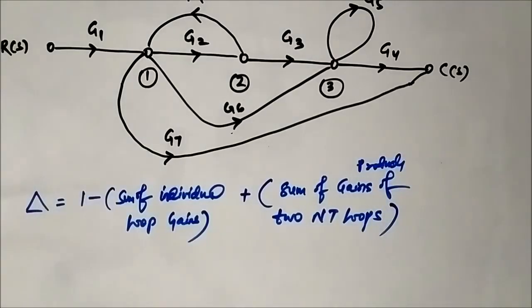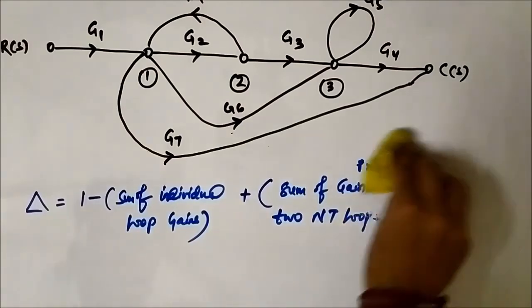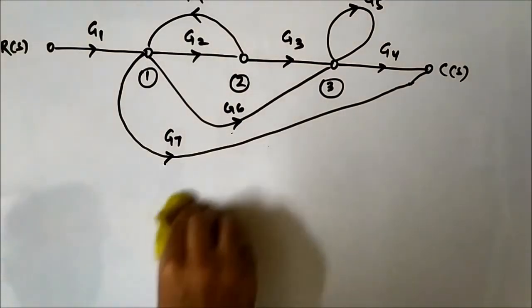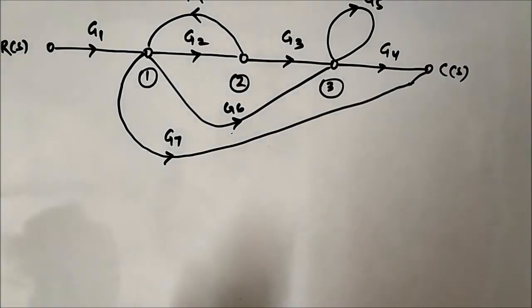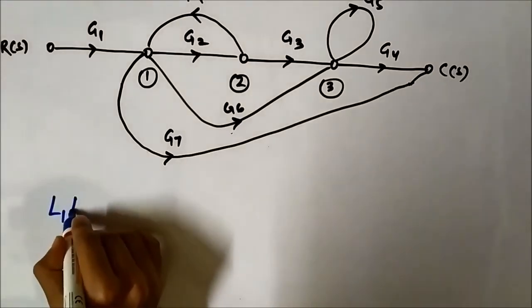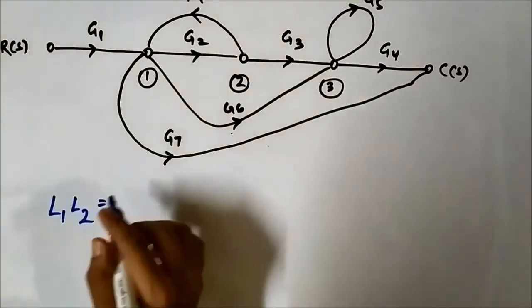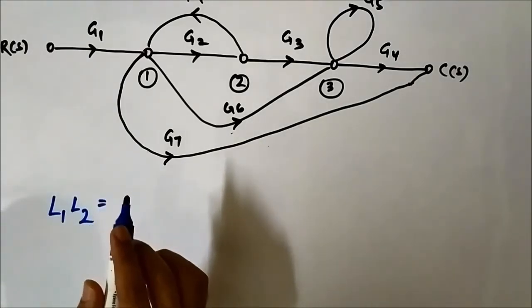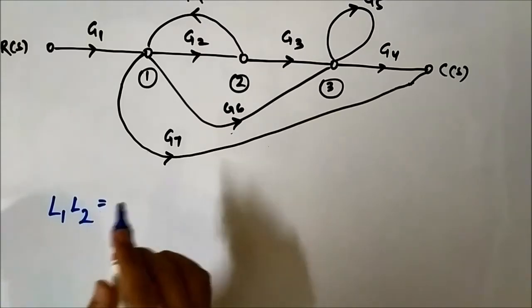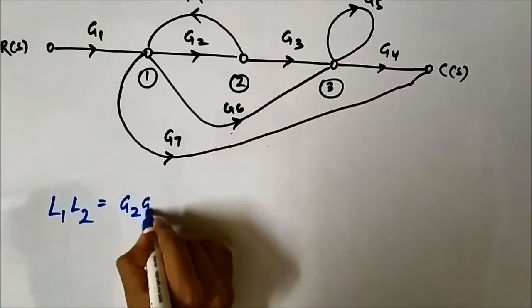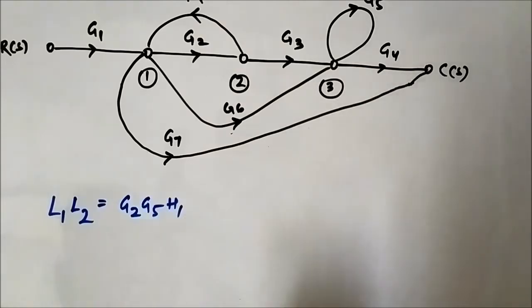So let us do that. There are only two loops, L1 and L2, and they are not touching each other. So the gain product of the two non-touching loops is the product of the two loops, that is G2H1 into G5. L1 is G2H1 and L2 is G5, so it will be G2 G5 H1.